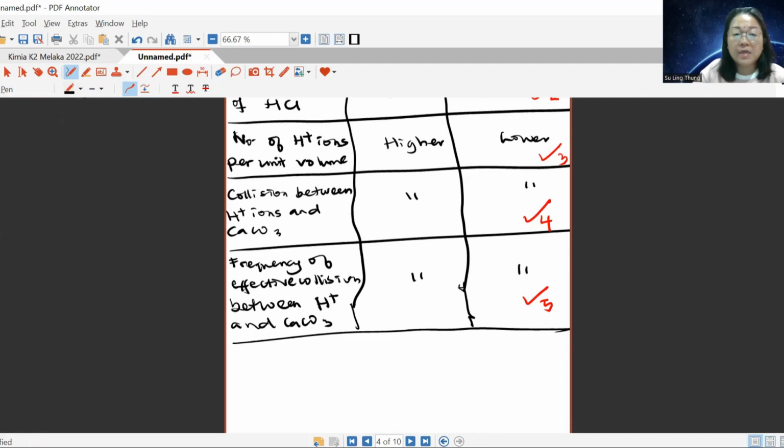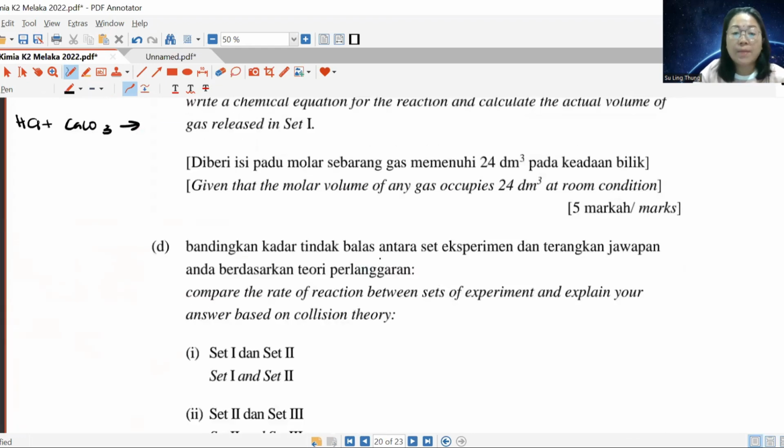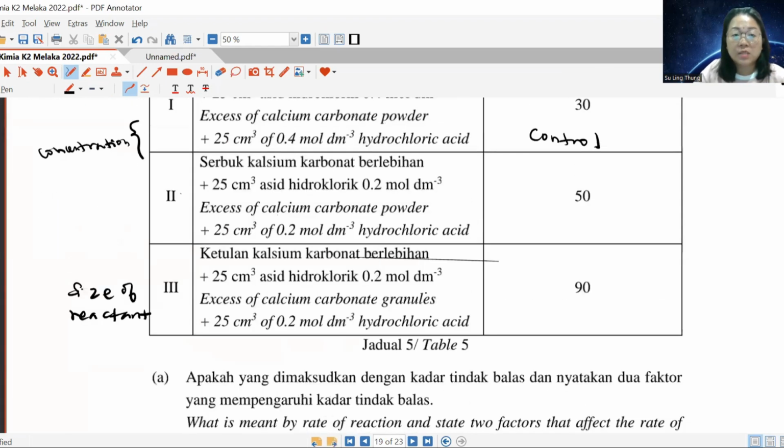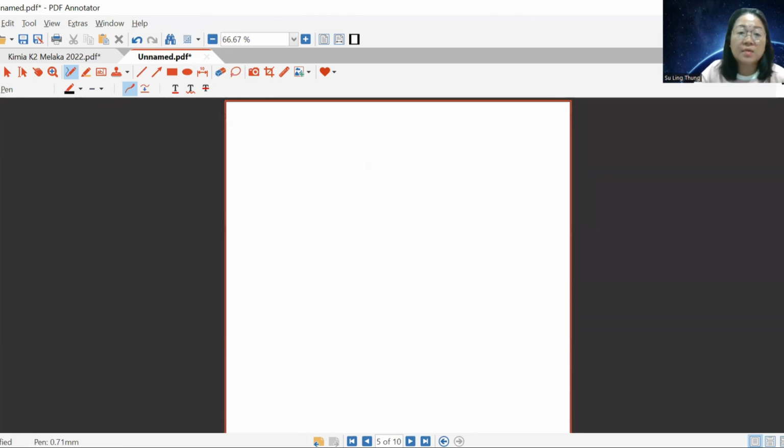Okay, now let us look at the next one, which is you are asked to compare between set 2 and set 3. So the only difference we can see here is that one is in powdered, one more is in granule. Okay, so obviously this time is size.